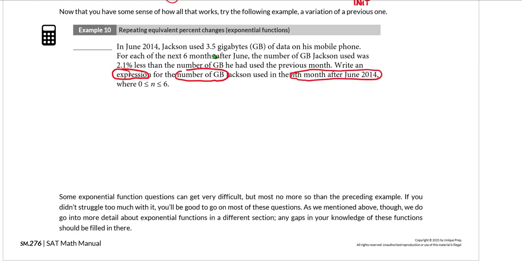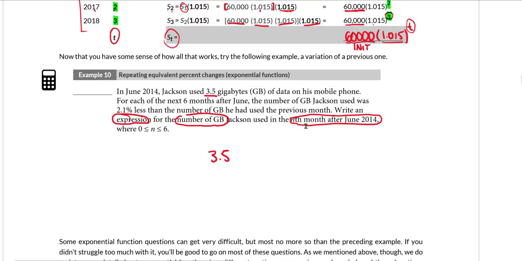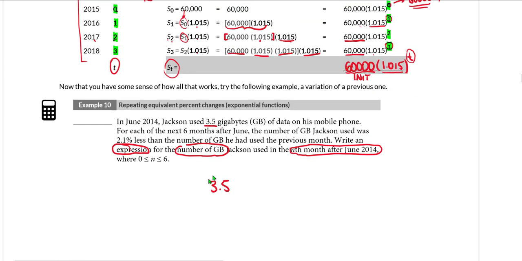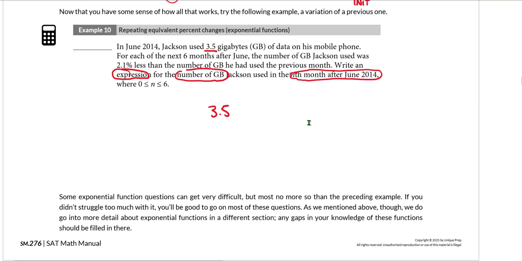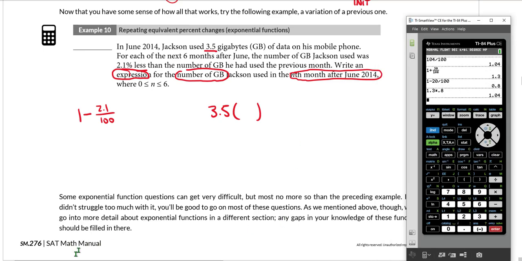So our starting value is the 3.5. As in the previous example, our initial value is going to be out here, so I'm just putting my initial value there. Now we've got to figure out the multiplier. The multiplier here is going to be 1 minus, since this is a decrease, 2.1 over 100. Again, if you're able to do this quickly in your head without using that formula, I'm perfectly fine with that.